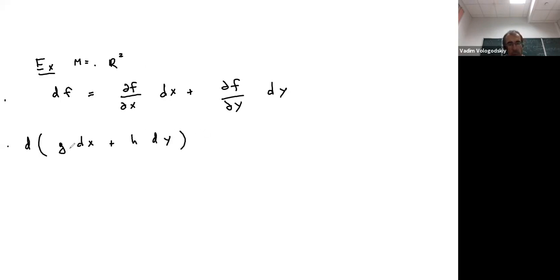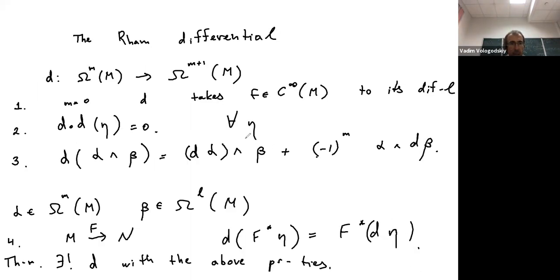Well, first of all, I have to say this is linear. I didn't say it: this is a linear map, so it takes sum to sum. d of alpha plus beta is equal to d of alpha plus d of beta.